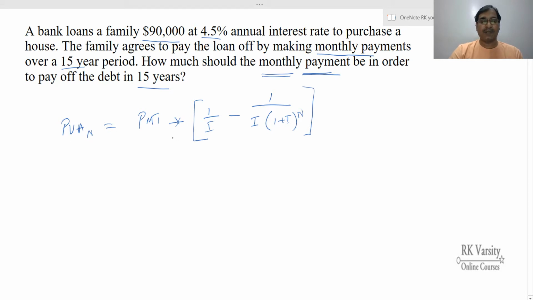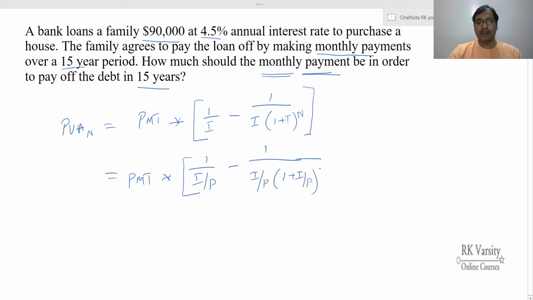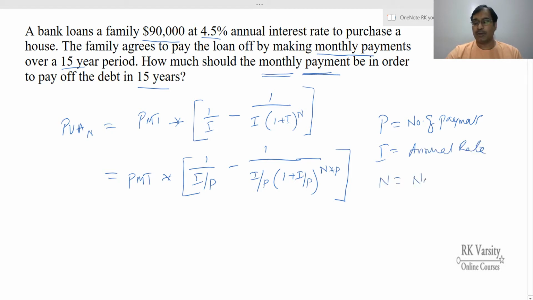In case of present value of annuity with multiple compounding periods, this will be PMT times [1 upon I by P minus 1 upon I by P times (1 plus I upon P) to the power of n times P], where P equals the number of payments per year, I is the annual rate, and n is the number of years.